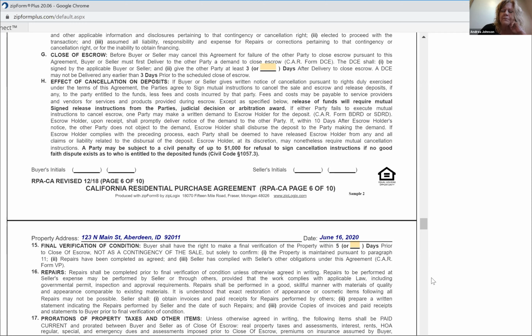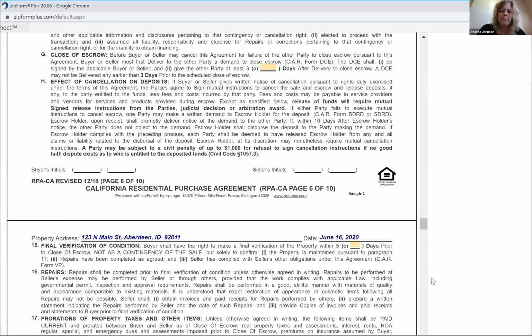The top part cancels the escrow. The bottom part deals with the disposition of the buyer's deposit. So if one party fails to sign that, and there's no good faith dispute, they might be subject to a civil penalty of up to $1,000. And that's if there's no good faith dispute, just belligerence on the part of one party or the other.